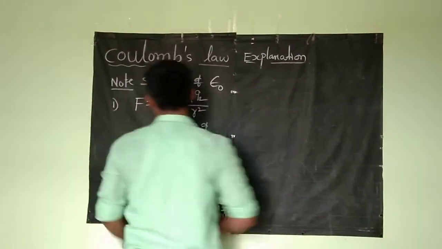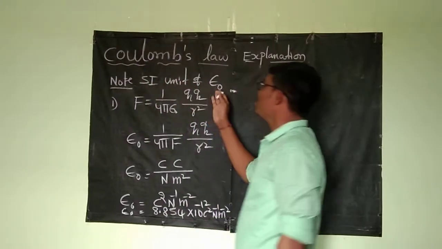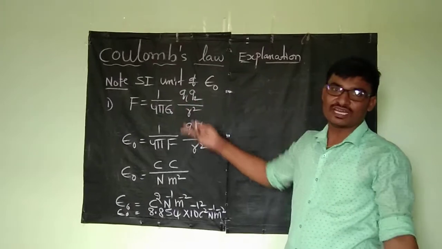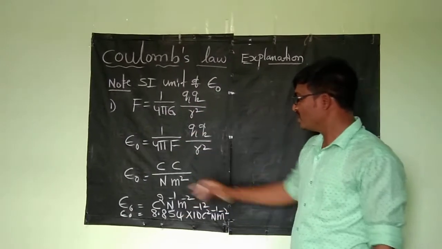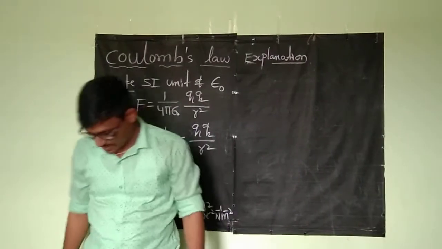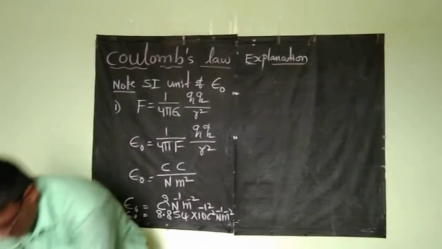So this is just an idea about how to find out the unit of epsilon naught. Once we remember the electrostatic force, easily we can find the SI unit of permittivity of free space. Also, another example, right?